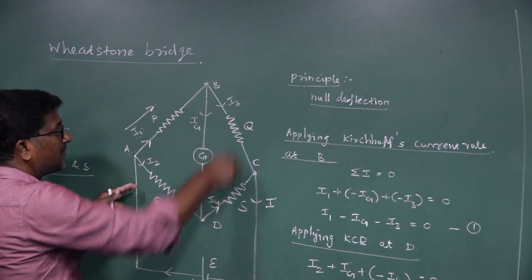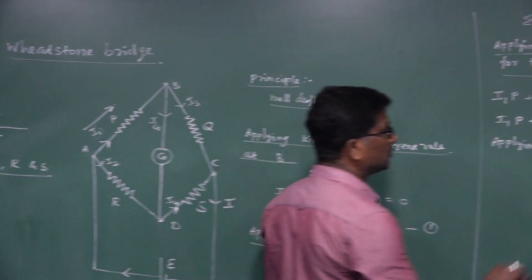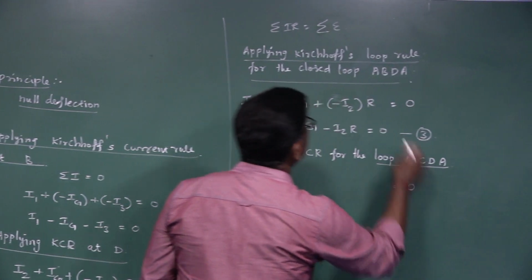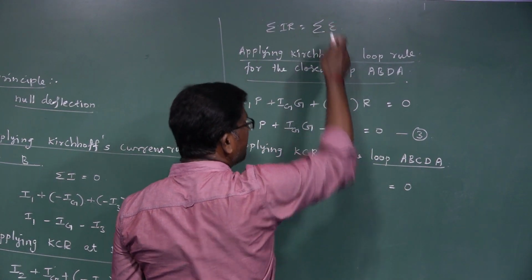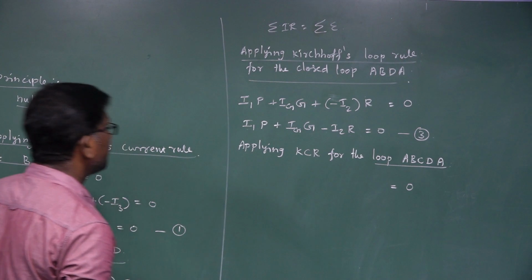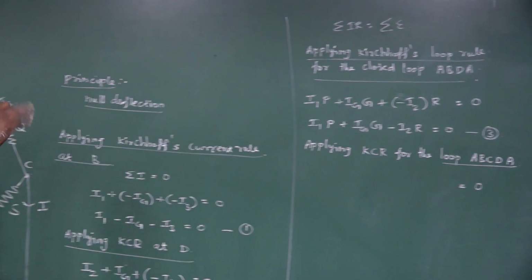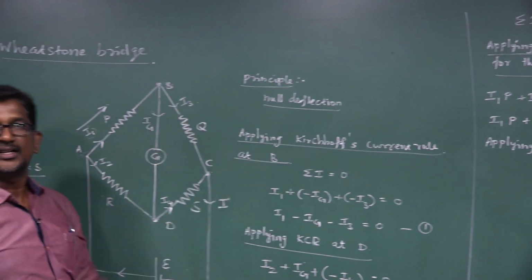So net EMF in this closed loop is 0. That is, the algebraic sum of the EMF values is 0. Right. And next, on the left hand side, the algebraic sum of the products of current and resistance.